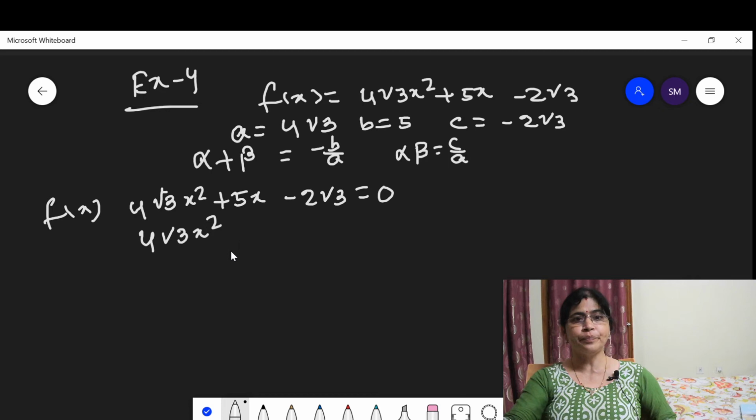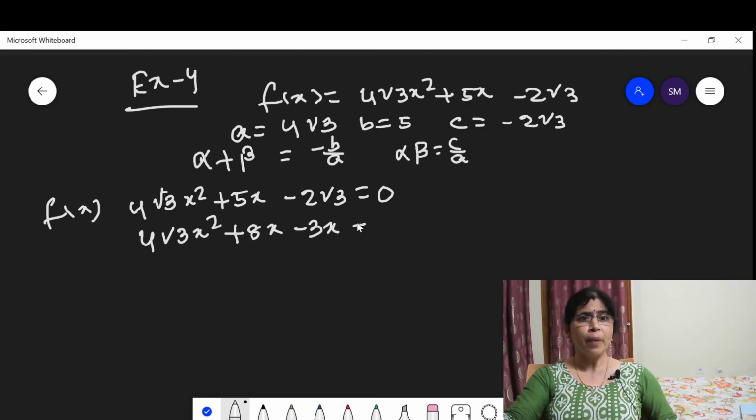Then split the middle part as 8x minus 3x. 8x minus 3x is equal to 5x, and when we multiply these we get 24x square, which is the product of 2 root 3 into 4 root 3 x square. Then take common 4x.